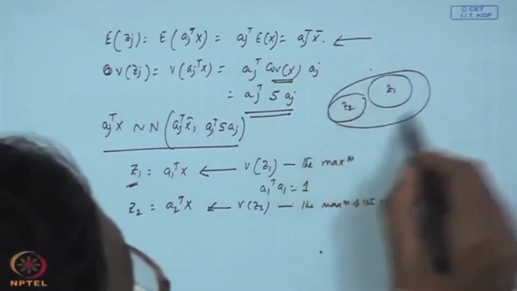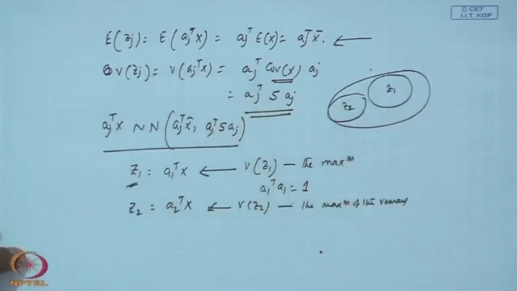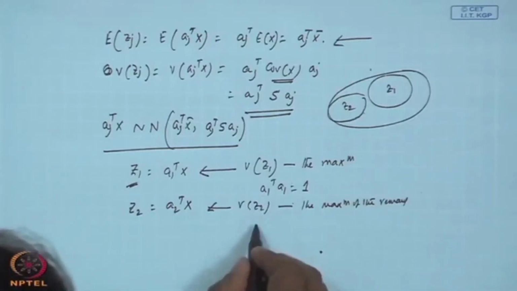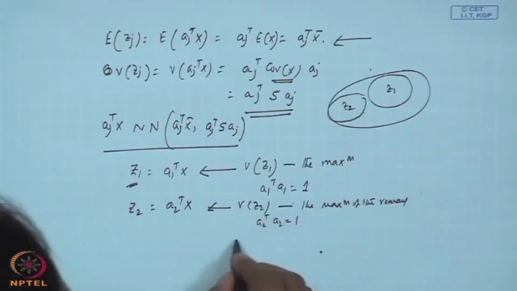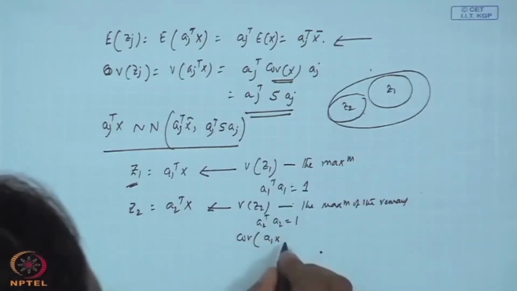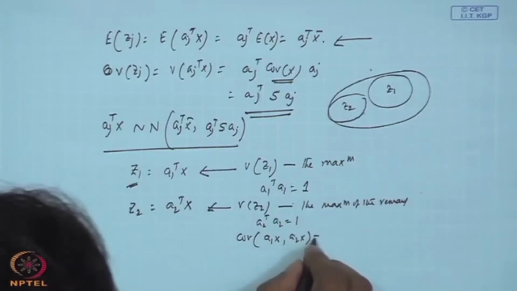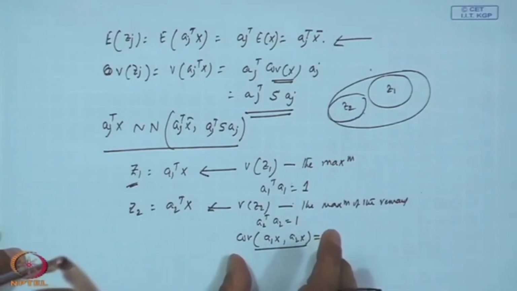Ultimately, if this is my total variability, Z1 and Z2 may have already extracted around 70% by the two components. There are p components. This is also here A2 transpose A2 equal to 1 and covariance of A1 x, A2 x equal to 0, because they are orthogonal components.